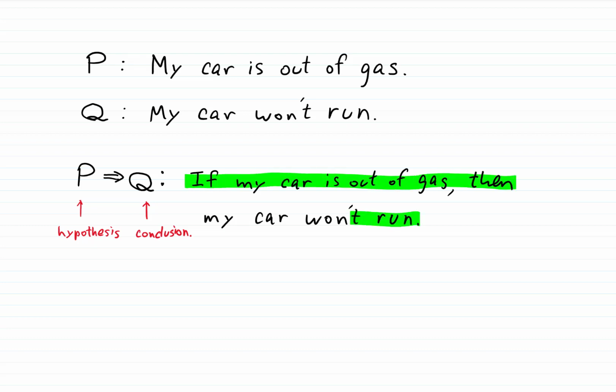Now, look at this statement. If my car is out of gas, then it won't run. Is that true or false? Or here's an even deeper question. Do you need to know whether P and Q are true or false in order to decide if this implication is true or false?